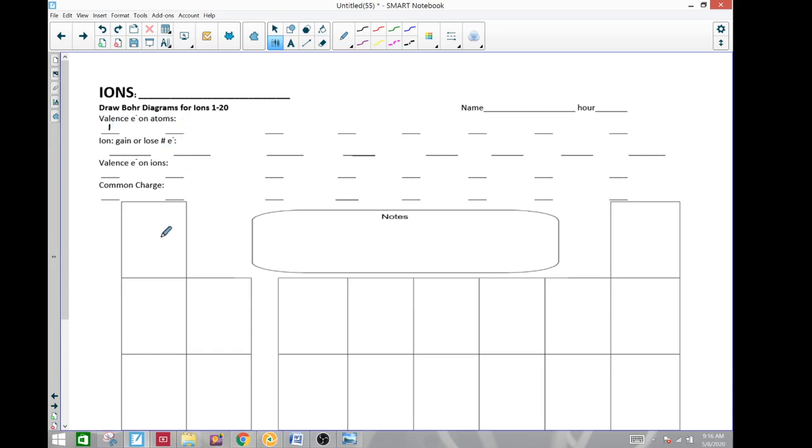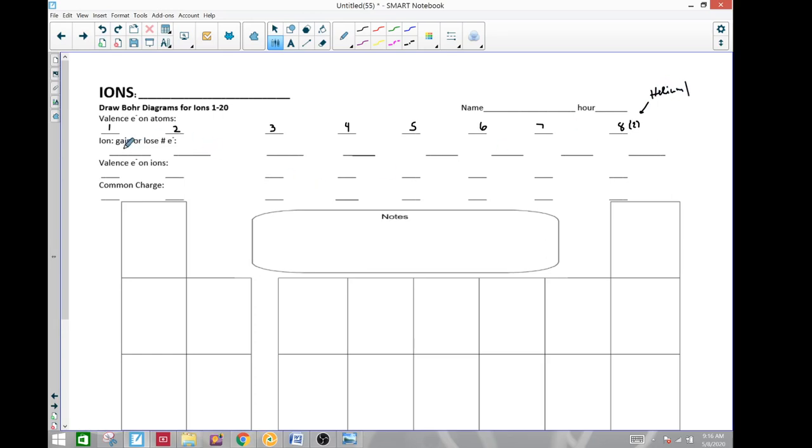So draw the Bohr diagram for the ions. Okay, let's just do this here quickly. 1, 2, 3, 4, 5, 6, 7, and the last column is 8. Ions, in order to get gain or loss, to get to a full shell. Now this one could be 2 if you're looking at helium, so helium would be 2.